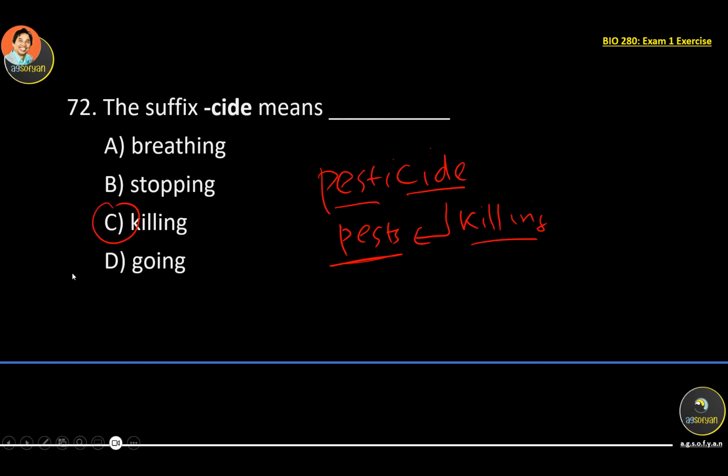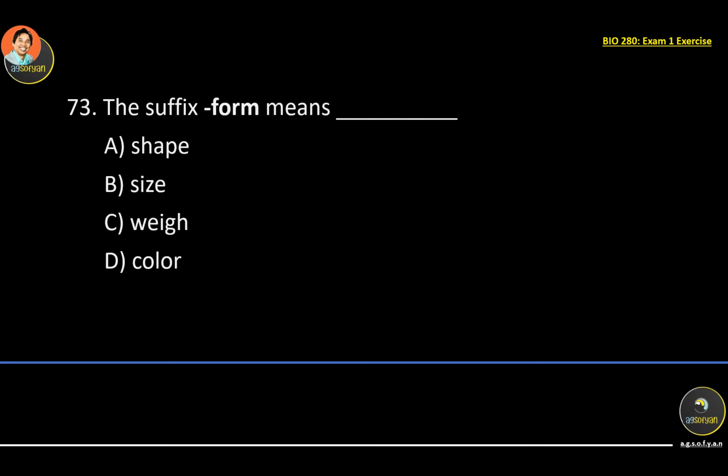Okay, herbicide, the one that kills the herbs, okay, which are plants that you don't need. The suffix form, okay, is also morph, the same as morph, which is the shape. Okay, when we talk about morphology, for example, this is the science of shape.